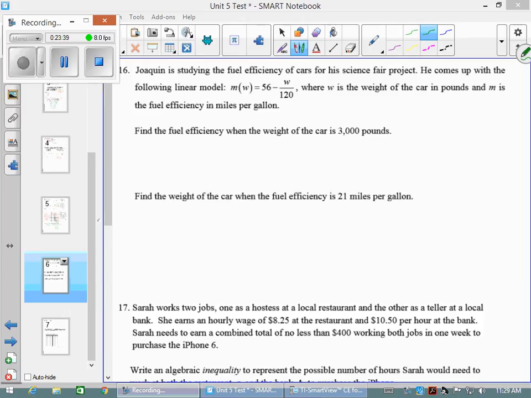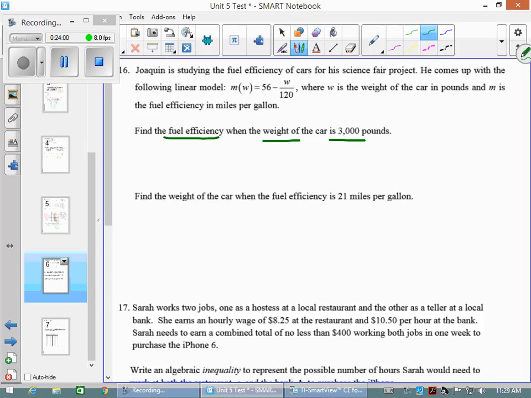For the first part of this, they want us to find the fuel efficiency when the weight of the car is 3,000 pounds. So they're giving us the weight of the car, so we want to substitute in for the weight of the car. So we're going to find M of our weight is 3,000, which is what they're telling us.